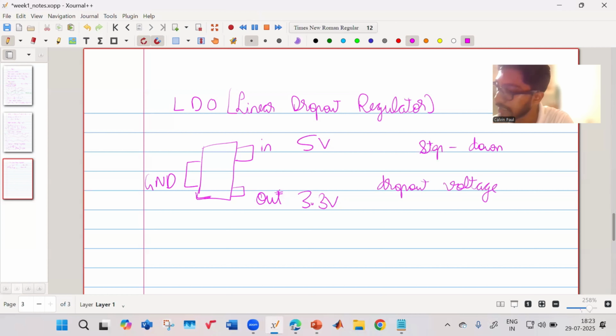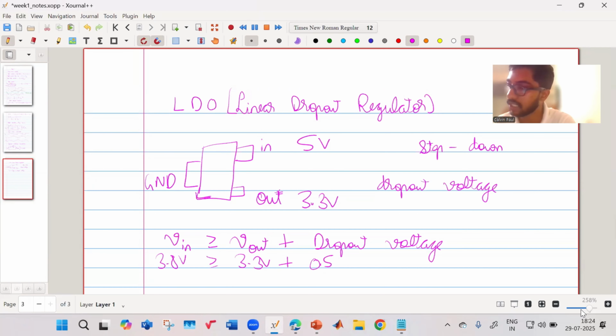That is, this V in should be greater than my V out, which I want, plus my dropout voltage. So if my V out is 3.3 volt and my dropout voltage is 0.5 volt, then my V in should be greater than 3.8 volt. That is known as the dropout voltage.